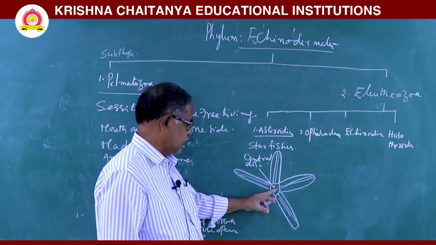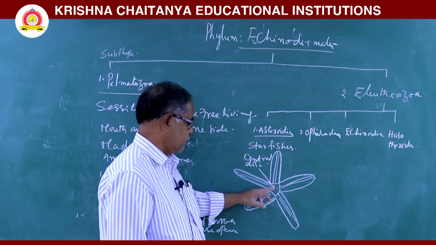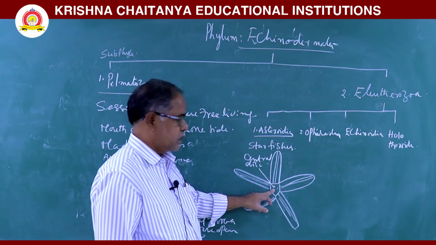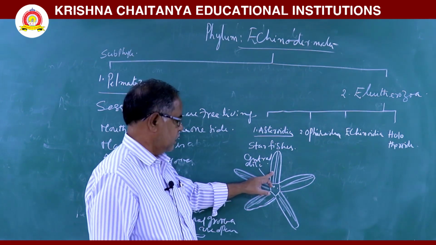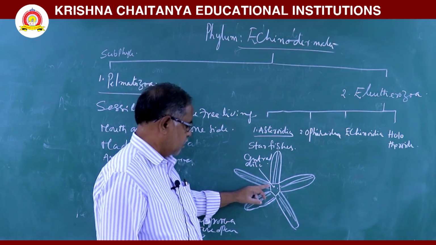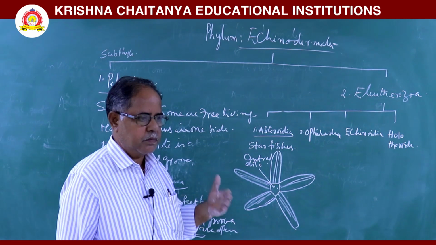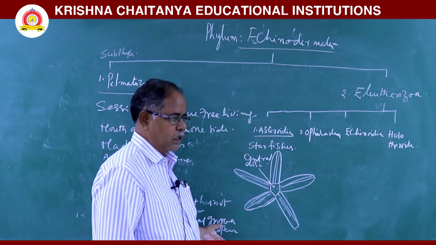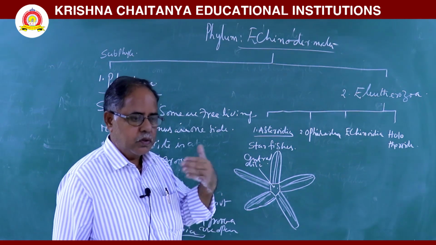Here the central disc is not demarcated, arms are not demarcated from the central disc. Here umbilical growths are open. Mouth is present on the oral side, anus and madreporite are present on the aboral side. Pedicellariae have two jaws.